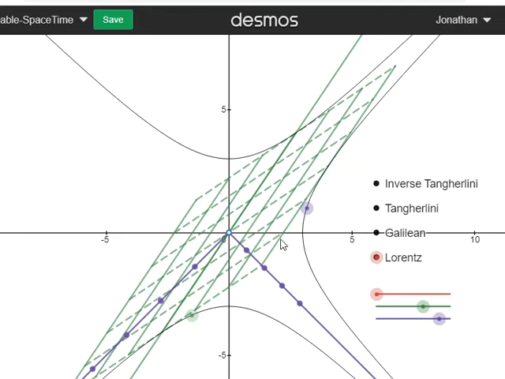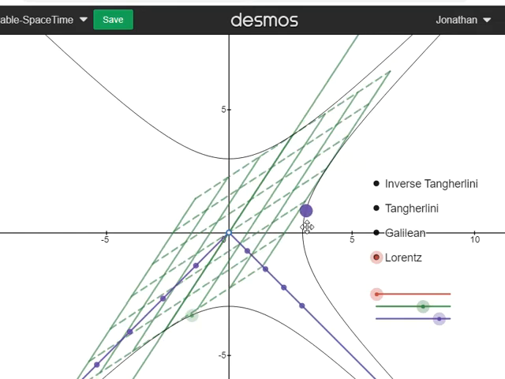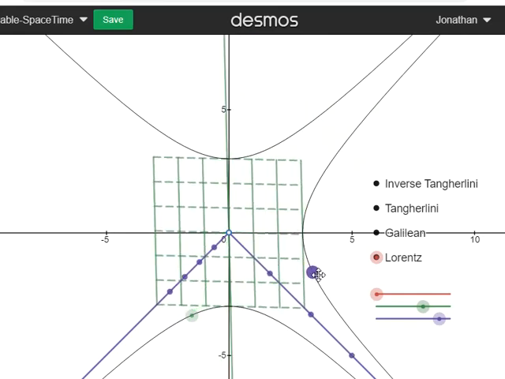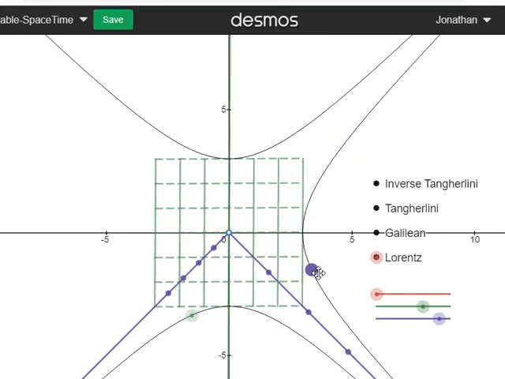There's no time between those events in our reference frame. So what we're going to do is take that pair of events and transform them so that they've moved. Okay, where did they move?